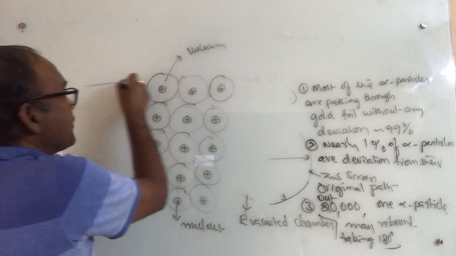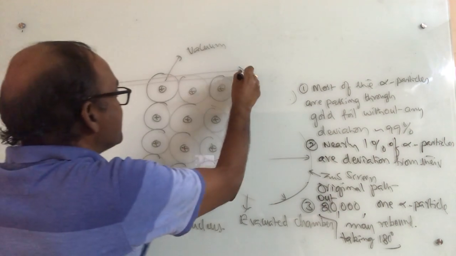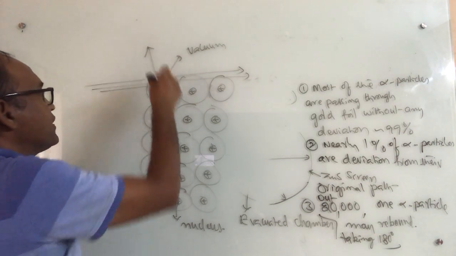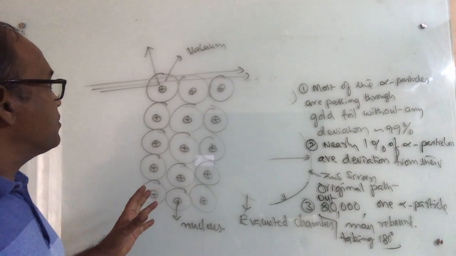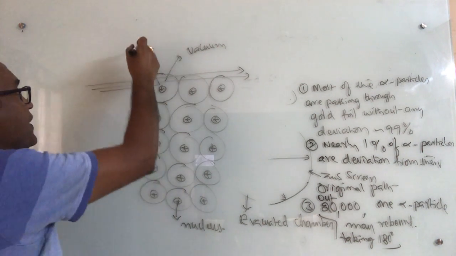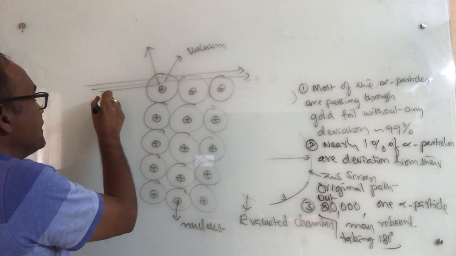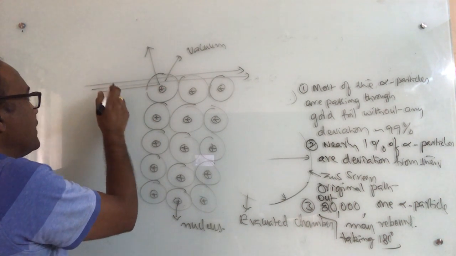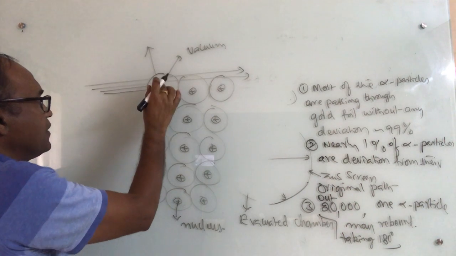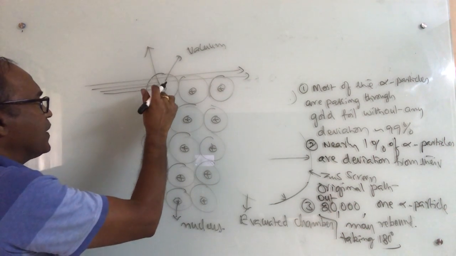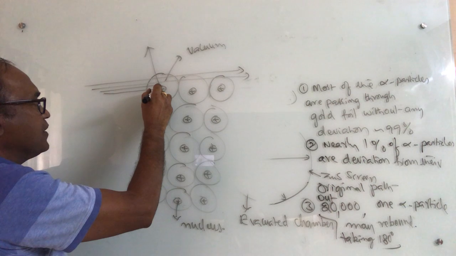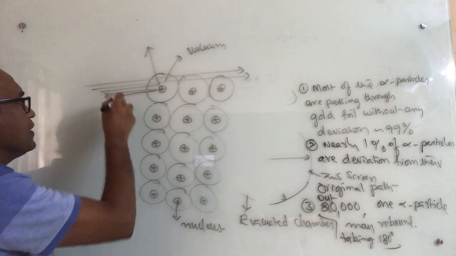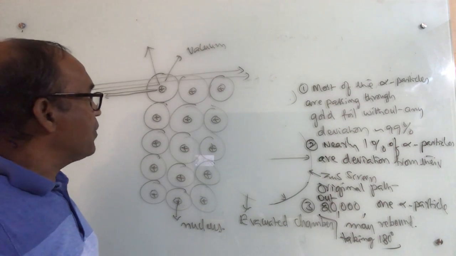If the alpha particles are moving in this direction, there is no deflection. Once they come in the vicinity of the nucleus, there is a possibility of positive repulsions, and then we can expect angular deviation. The rarest chance is an alpha particle moving in line with the nucleus and having a head-on collision, where there might be very strong repulsion resulting in the bouncing back of the alpha particle.